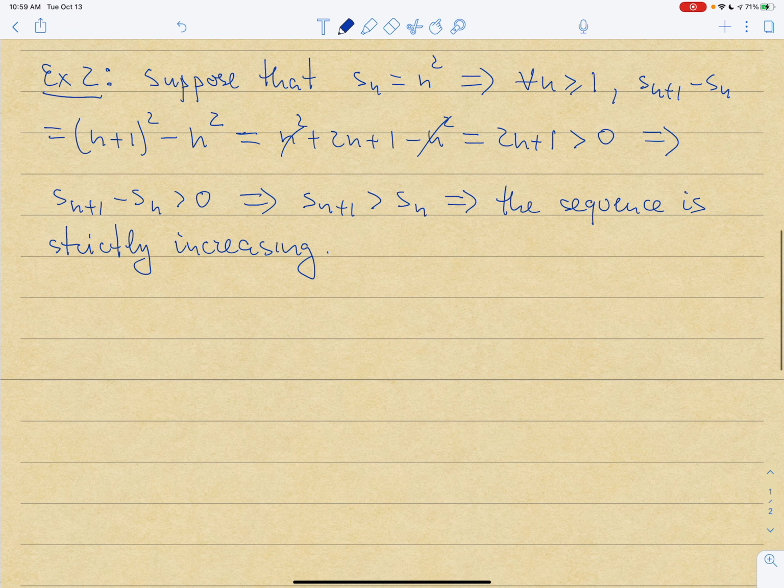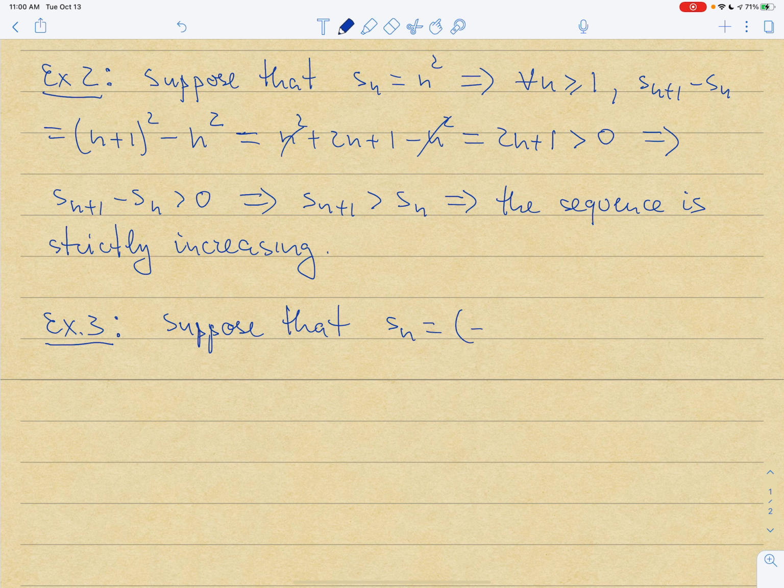Another example. Let's look at Sn equal to minus 1 to the power n.